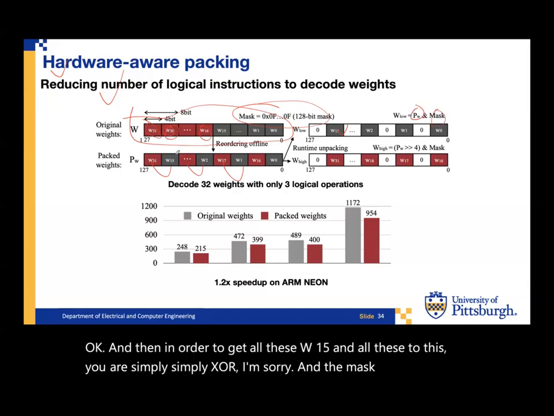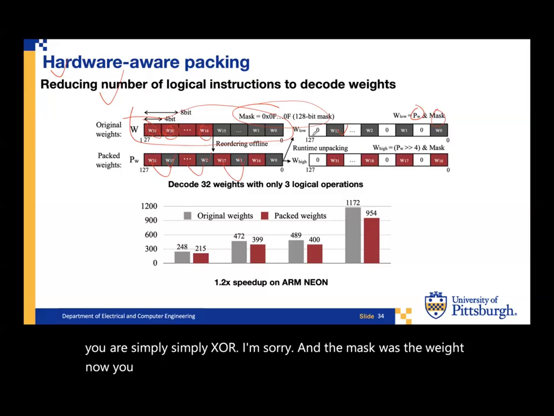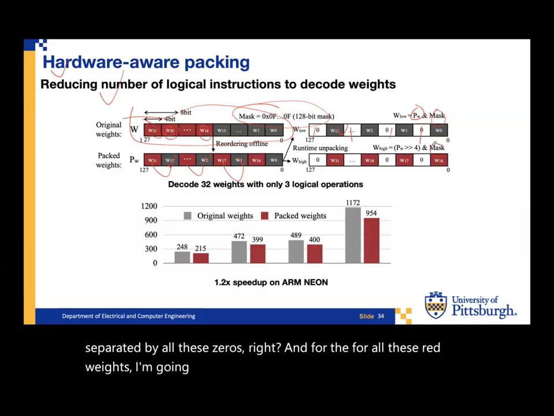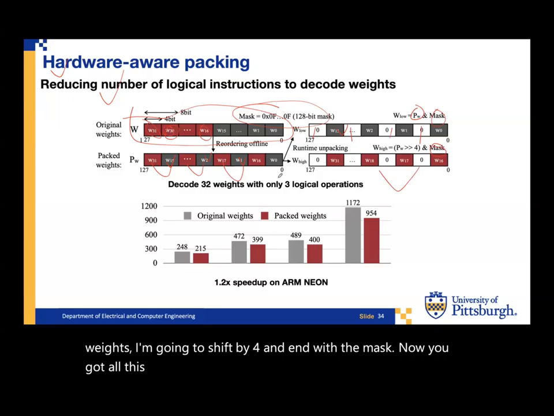Now you directly extract all these numbers out, and they are separated by all these zeros, right? And for all these red weights, I'm going to shift by 4 and AND with the mask. Now you got all this. So basically they did this trick to speed up the extraction process.